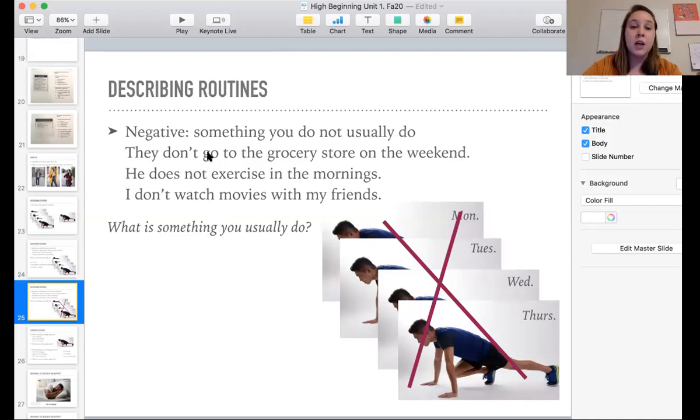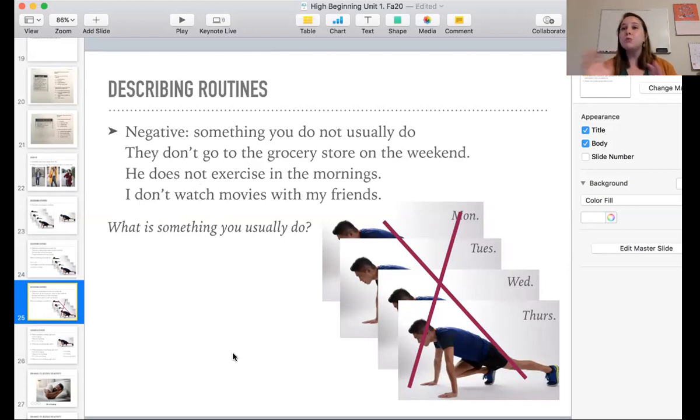So they do not or don't go to the grocery store. He does not exercise. So the only difference, instead of do, so I do, you do, he, she does. He does not exercise in the mornings. I don't watch movies.